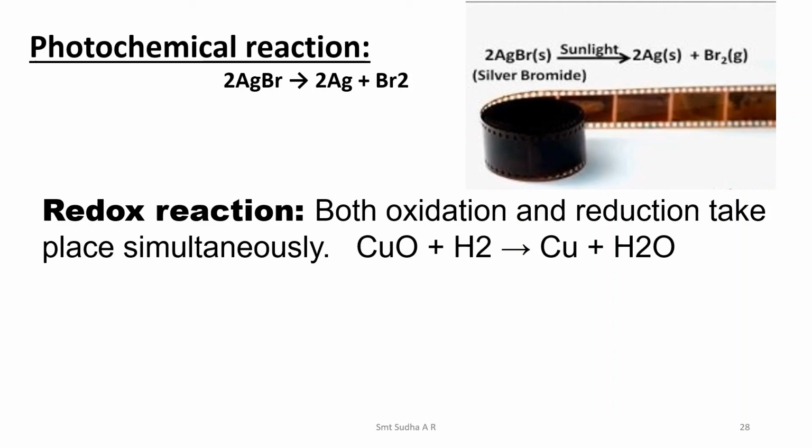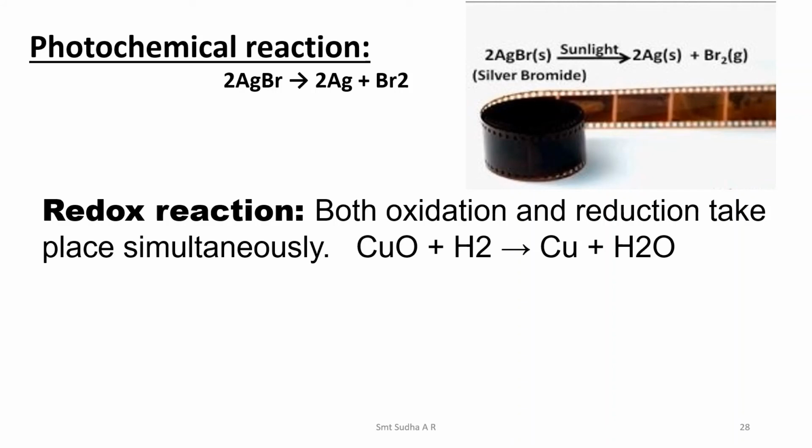Next is another type of reaction that we see in our daily life, where both oxidation and reduction take place. That type of reaction is called a redox reaction. Oxidation means reactions in the presence of oxygen, or by adding oxygen. If there is removal of oxygen in a chemical reaction, that type of reaction is called a reduction reaction.